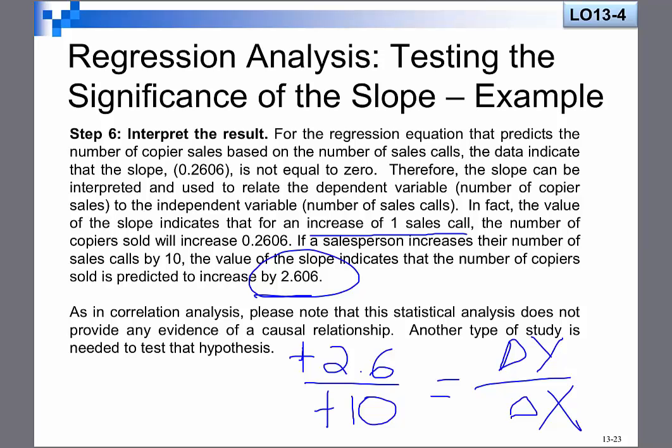So it's almost 2 built-in predictive tools in that Y equals A plus BX equation. Okay, as in correlation analysis, please note that this analysis does not provide any evidence of a causal relationship, meaning, as I told you last week, correlation, which is what we're doing, is different than causality. Another type of study is needed to test that hypothesis.